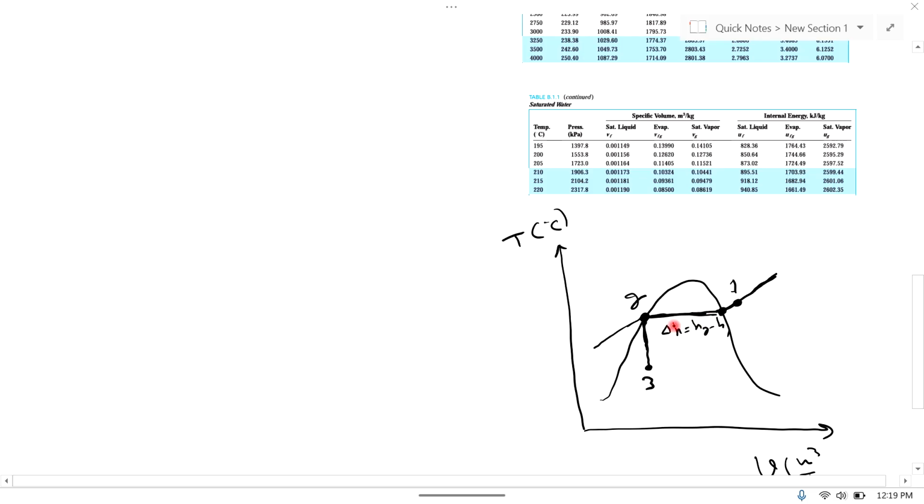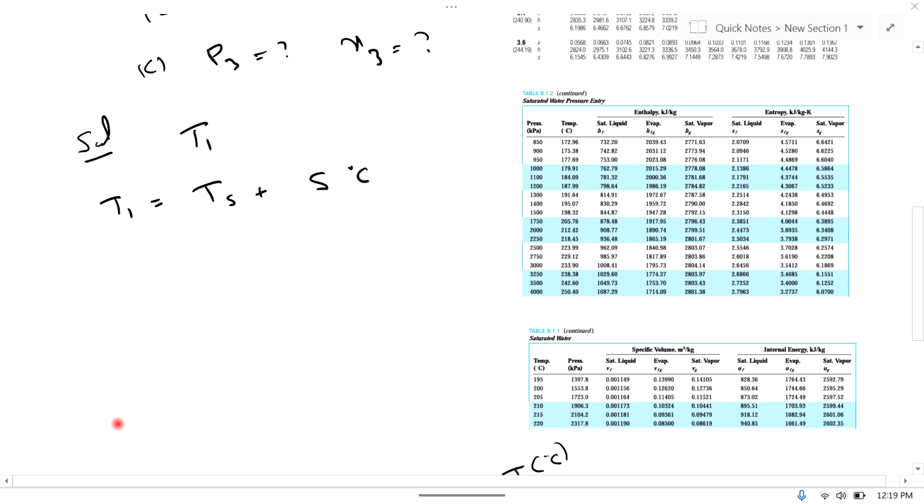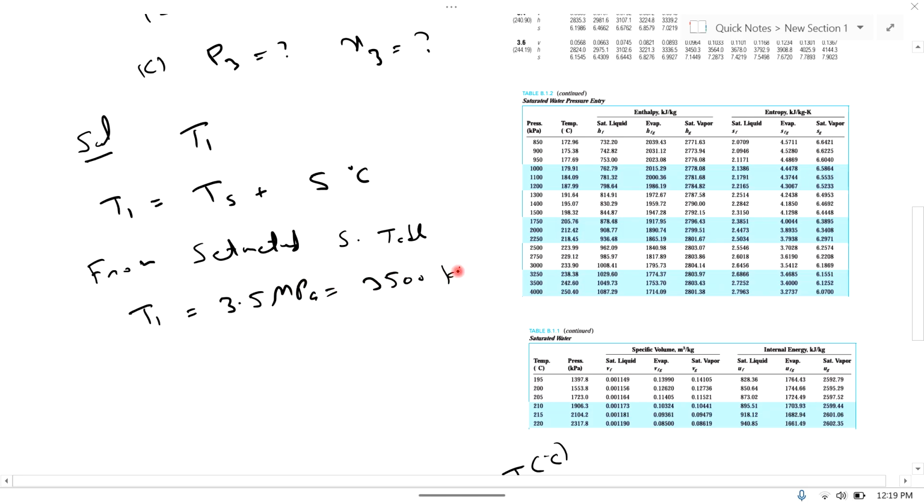So T1 is equal to Ts plus 5 degree rise. So first we find the saturated temperature. So from the saturated steam table, initially pressure is equal to 3.5 megapascal, which is equal to 3500 kilopascal.